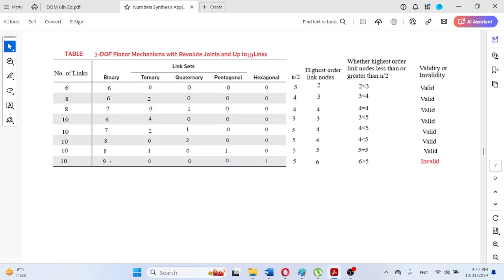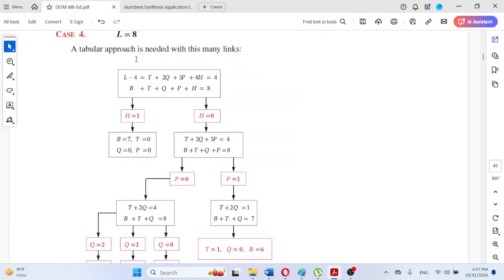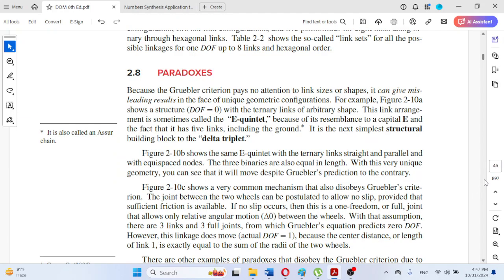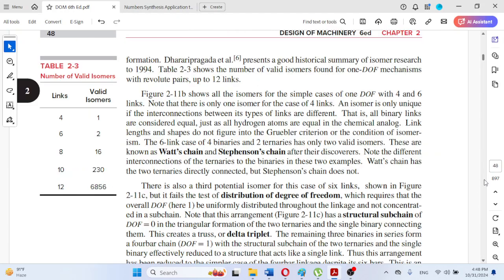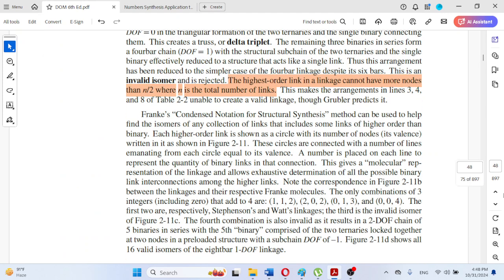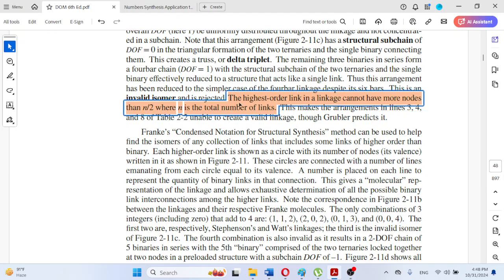And the last set is 9 binary links and 1 hexagonal link, and here we observe that the highest order link, hexagonal, has 6 nodes, and half the count of the total number of links is 5, so 6 is greater than 5, so this is an invalid linkage according to the statement which the author has stated on page number 48 of the book Design of Machinery, that the highest order link in a linkage cannot have more nodes than n by 2, where n is the total number of links.